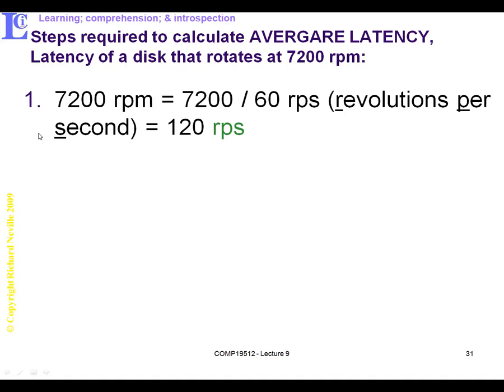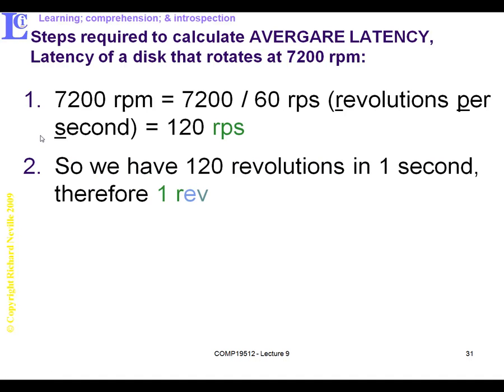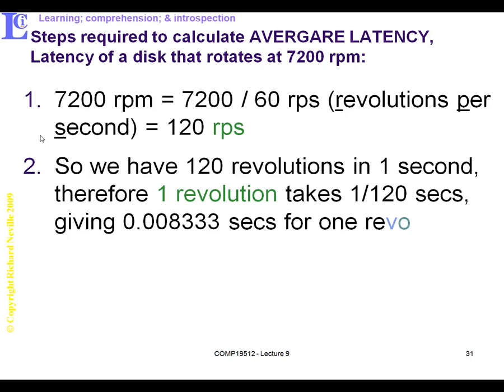That's step one. Now step two, if there's 120 revolutions in a second, that means there's 1 over 120 in a second. So one revolution takes 1/120th of a second.